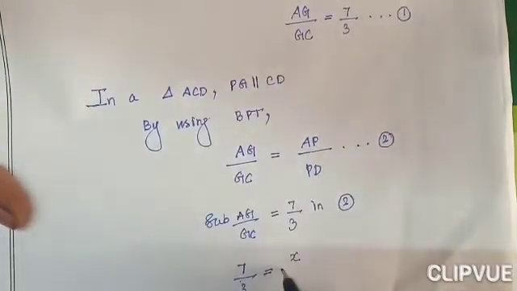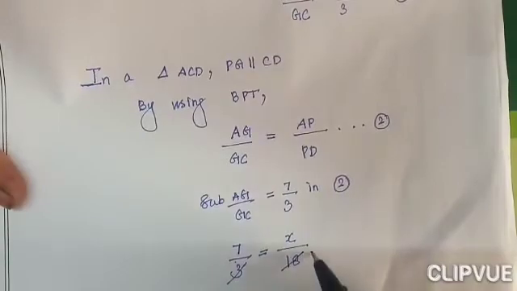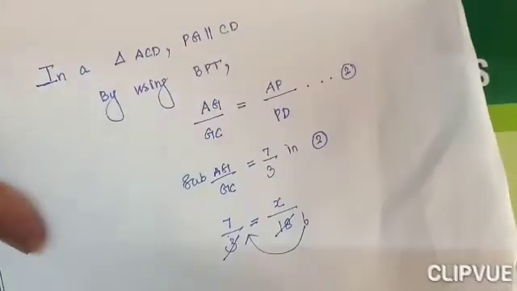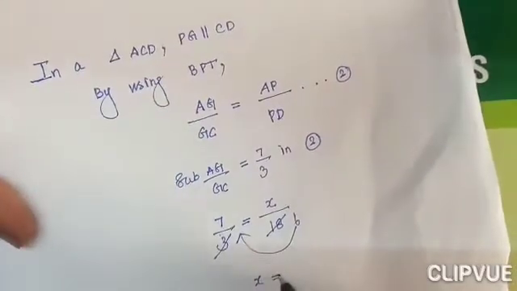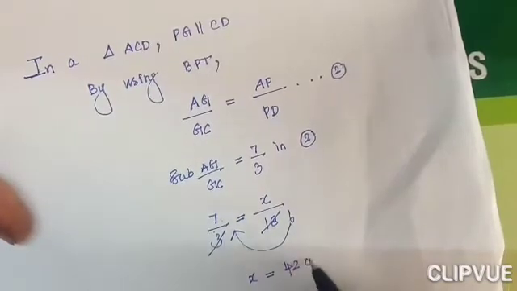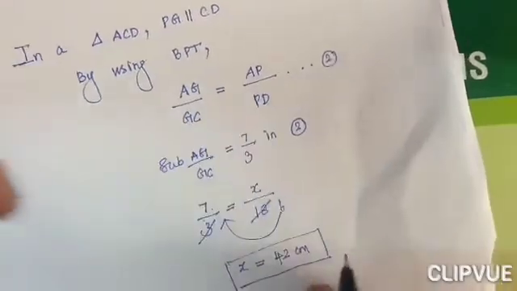I assumed AP is equal to x and PD value is given, that is 18. You can cancel it. This is 1 time, this is 6 times. If you multiply this, what do we get? x is equal to 6 into 7, 42 centimeter. Okay, x value is equal to 42 centimeter.